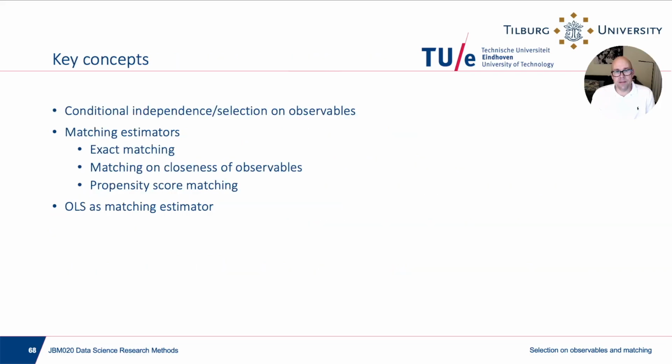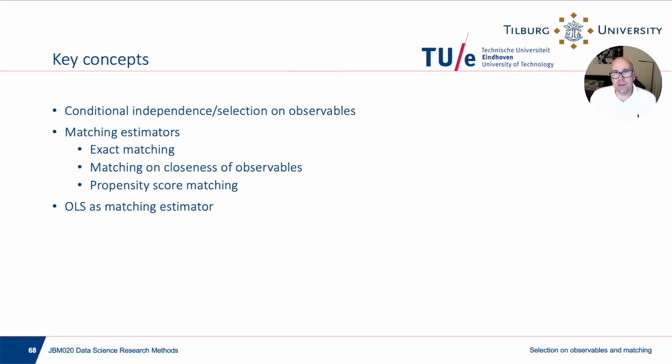Finally, let's end with the key concepts that we have learned about. First of all, it's all about conditional independence or selection on observables, which essentially means that we have randomization at the level of groups, and group membership is observed.